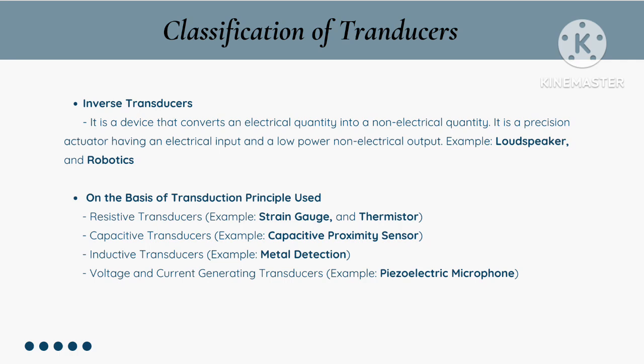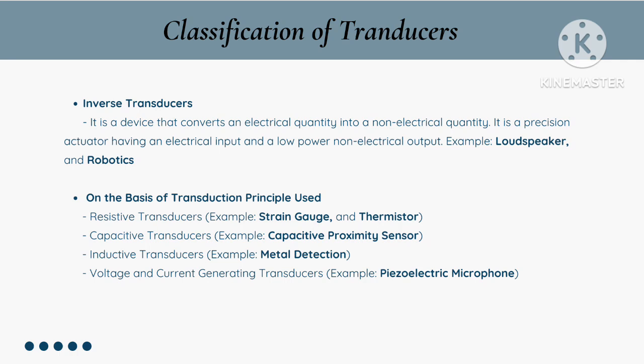Imagine two plates with an insulating material sa iyang tunga between them. So if the distance between the plates changes, the capacitance mo change pud siya. So in a capacitive transducer, kani nga change in capacitance kay magamit ni siya to measure things like distance or humidity.